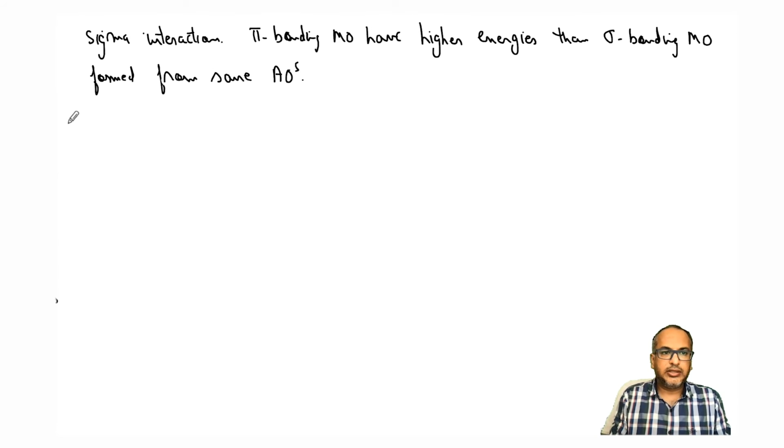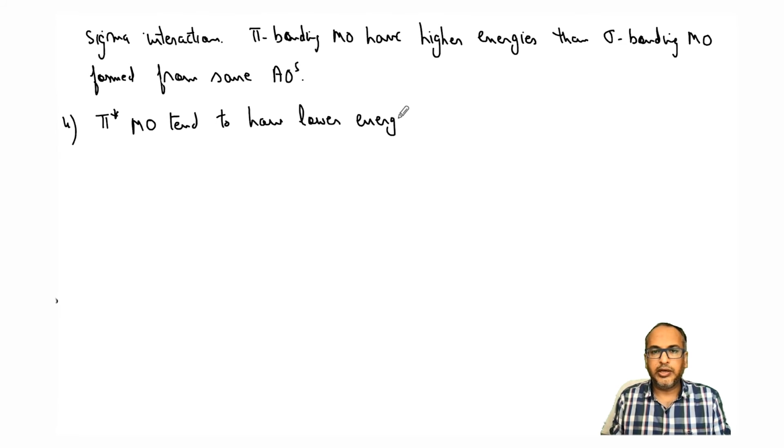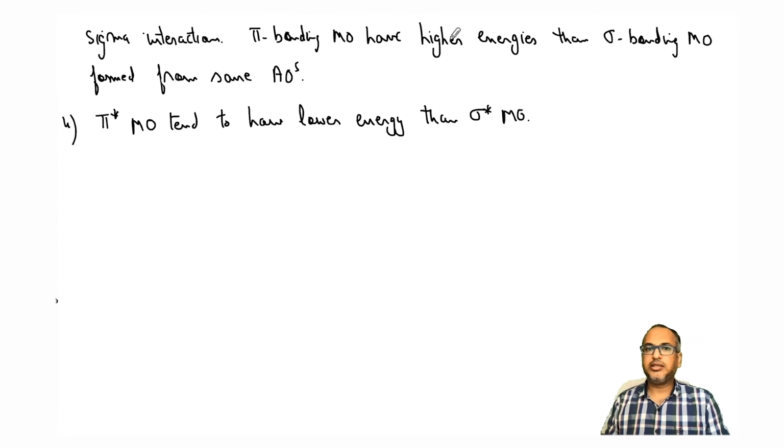So the fourth point is that pi star MOs tend to have lower energy than sigma star MOs. See, if the stabilization energy is less, the destabilization energy is also less.